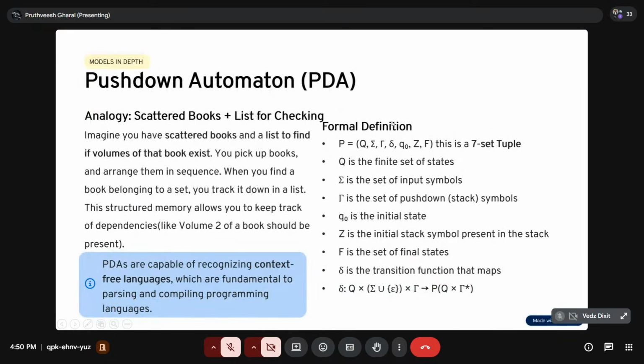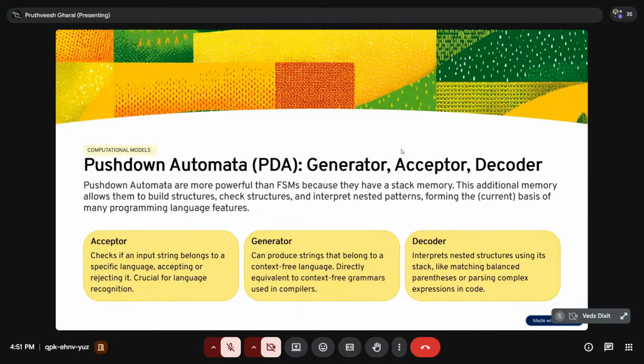And a pushdown automaton is defined using seven elements. Okay, it uses a stack, it has memory, and it is defined using seven elements in this tuple. So it is Q, sigma, gamma, delta, Q naught, Z, and F. So these things we are going to use whenever we are solving problems based on DFA and PDA.